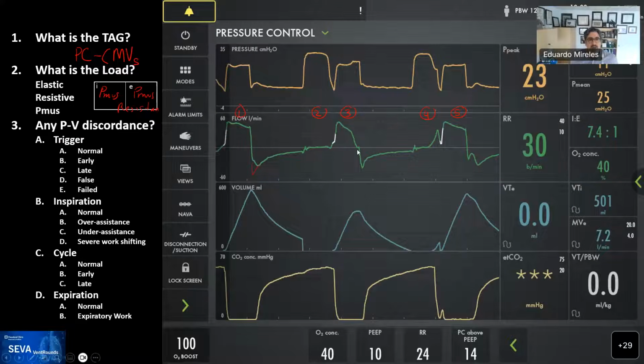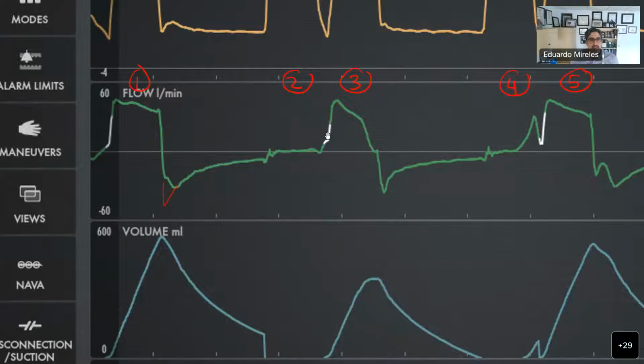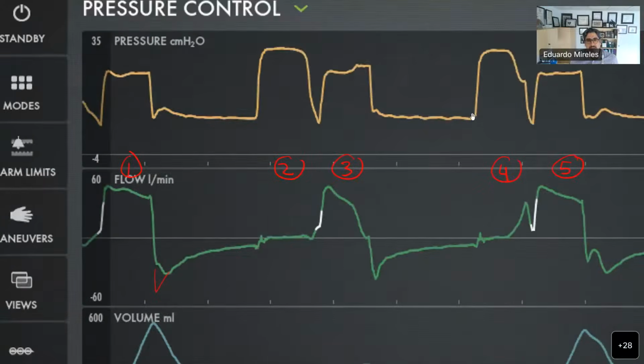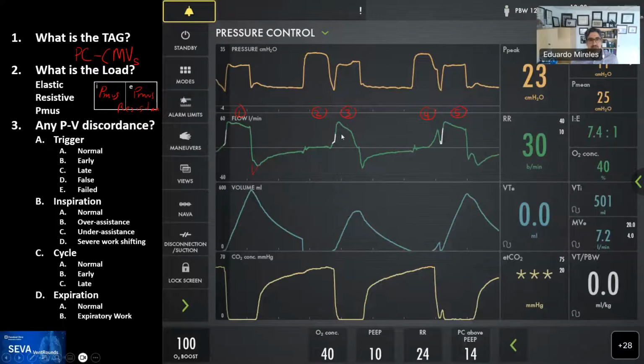You can see here very nicely, I amplified it for you, that there is a change in color to white. The same on breath number 5, there's a color change. But in breath number 2 and breath number 4, there's no change in color, neither on the pressure waveform or on the flow waveform, which tells us that this is triggered by the machine.